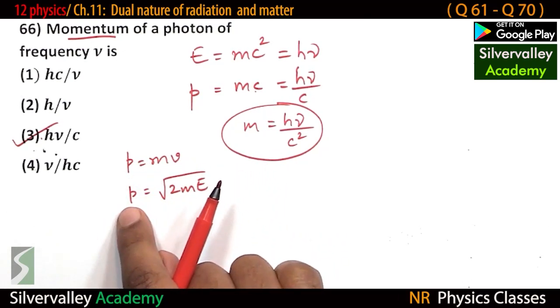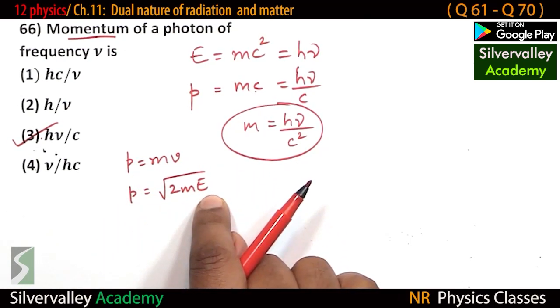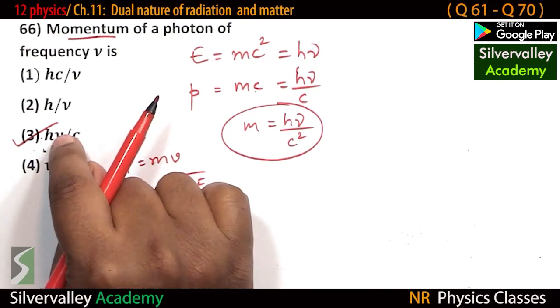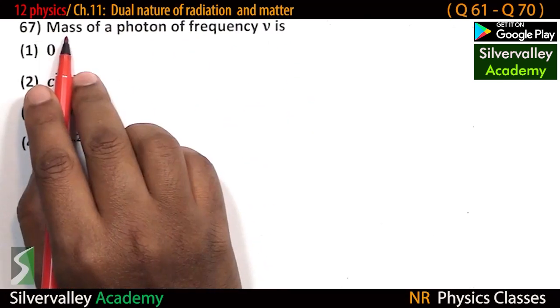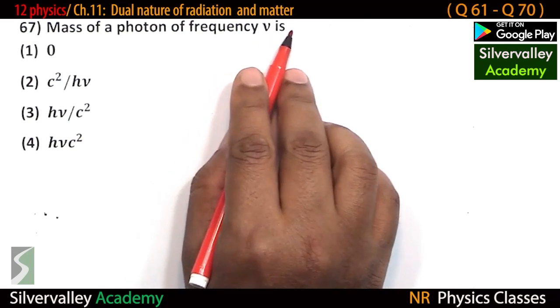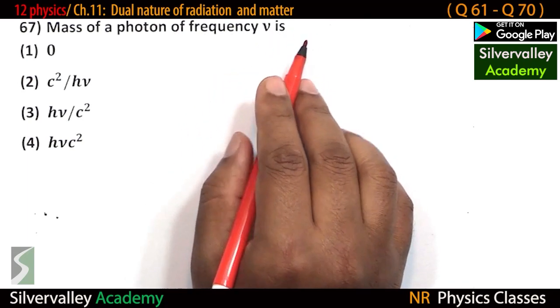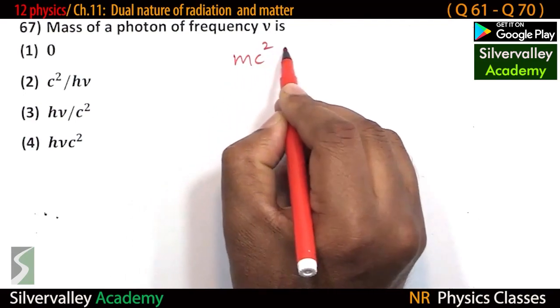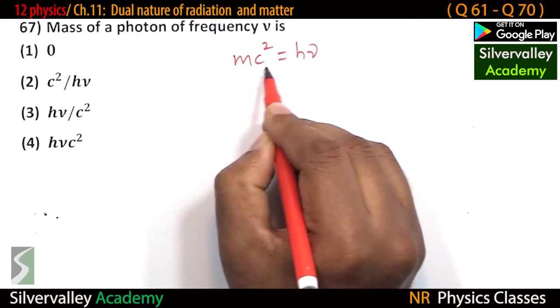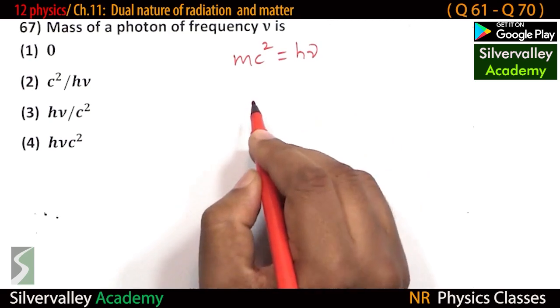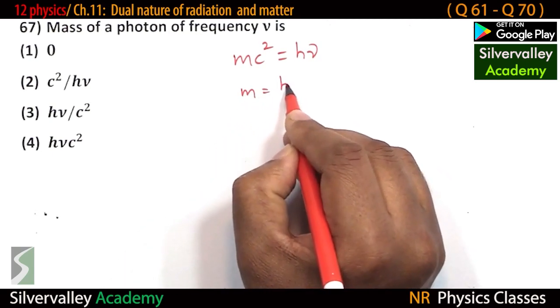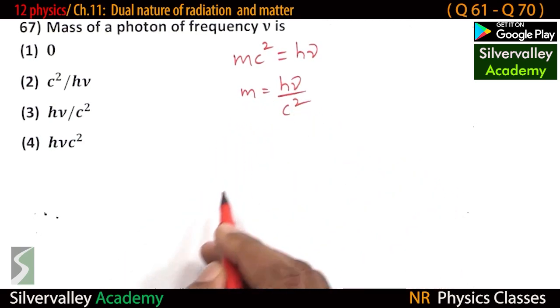This is in terms of momentum and kinetic energy. This is momentum of a photon. Mass of a photon of frequency nu is, so mc square equal to h nu. Energy equal to energy. So mass equal to h nu by c square.